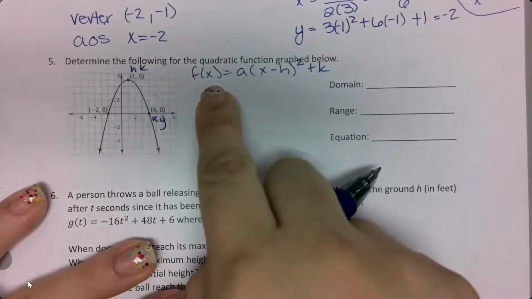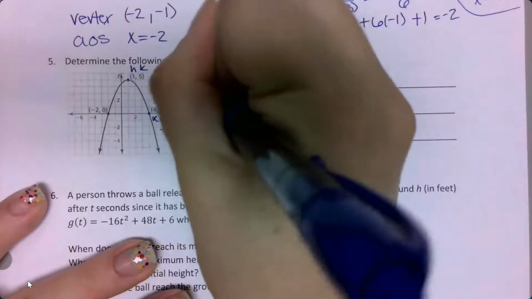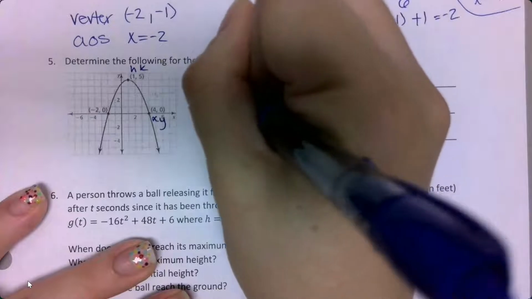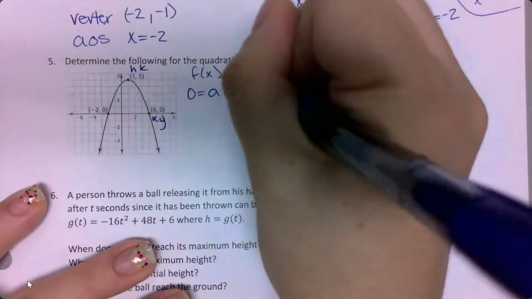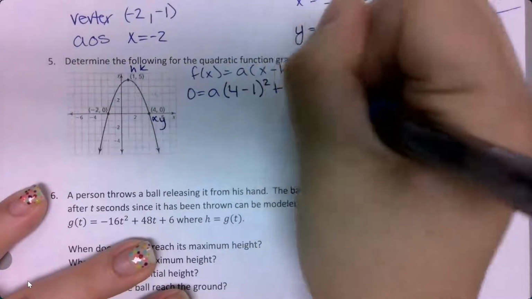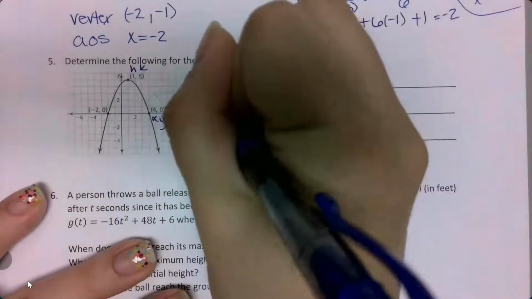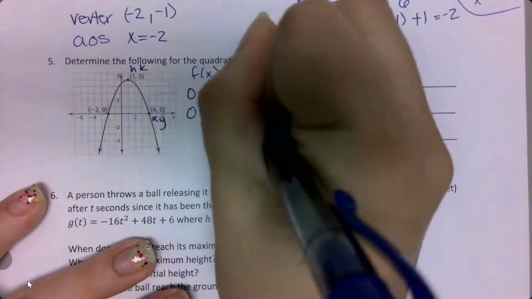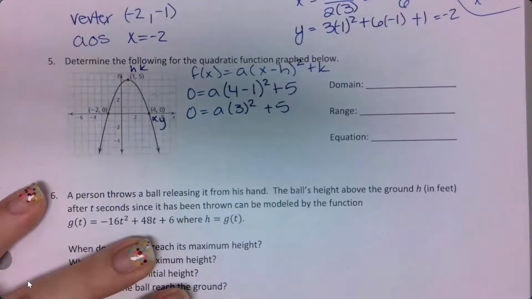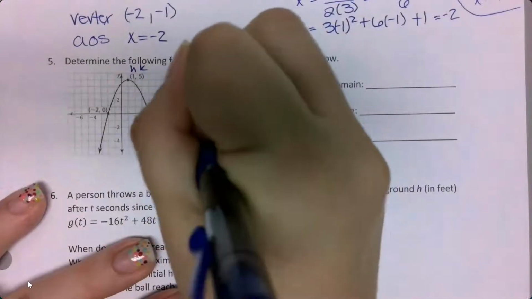Remember, f of x is the same thing as y. So I have 0 equals a, and then instead of x, 4 minus my h is 1 squared plus my k value of 5. So I want to go ahead. 4 minus 1 is 3. That's still squared. 3 squared is 9, so that goes in front of the a.